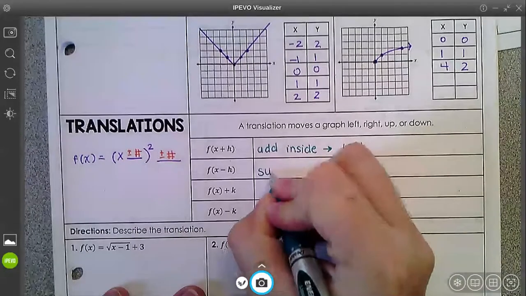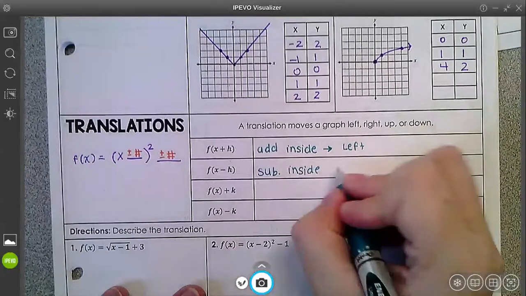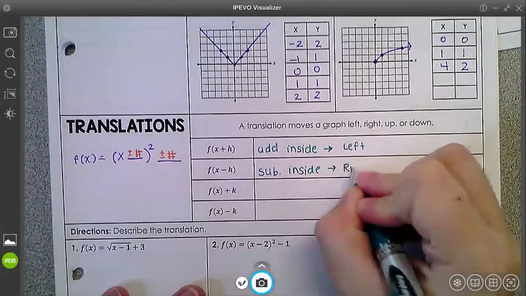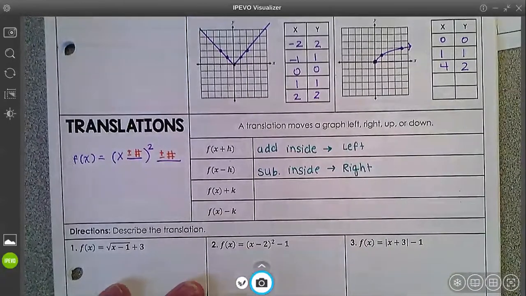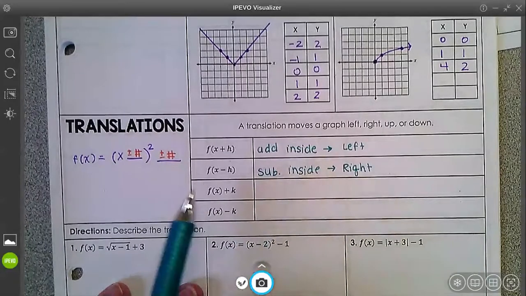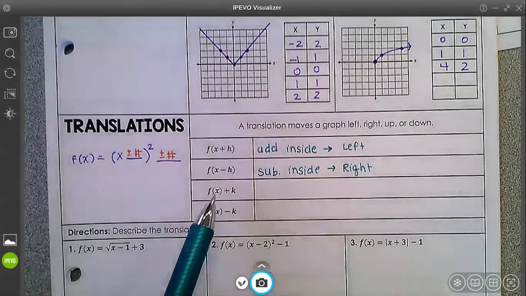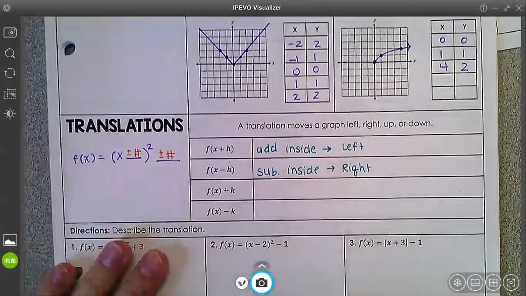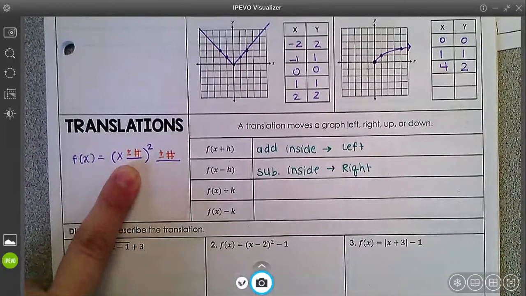If it's subtracted inside, that moves it right. Those are actually opposite what you would normally think. You think, oh, added goes right. It's opposite. For the left and right, it's opposite. So that would be like this first plus or minus that I've got.